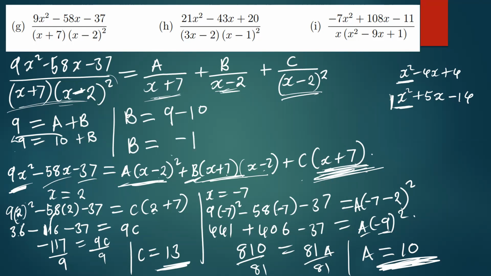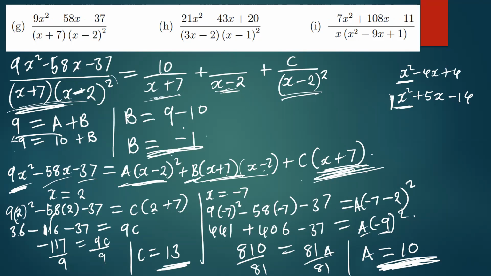So this expression here will therefore be decomposed into its partial fractions as follows. While there is a there, you write the value of a there. So you're going to have 10 there. Then while there is b, you write the value of b there. And b has been found here to be -1.